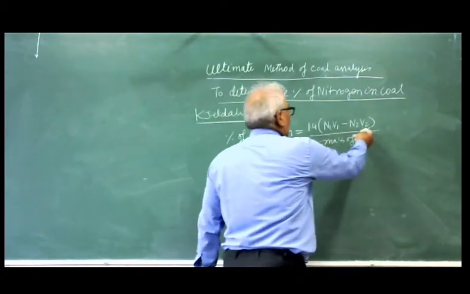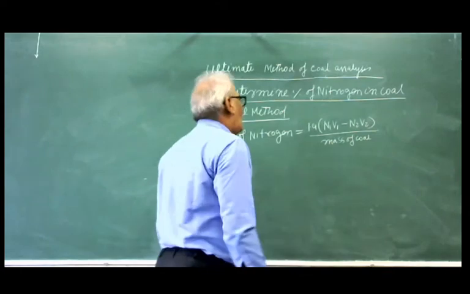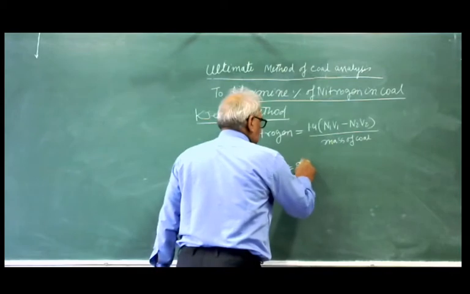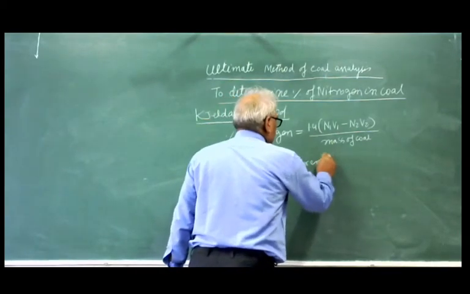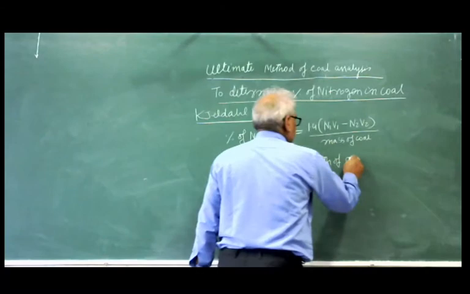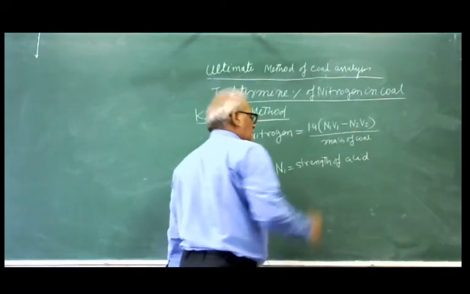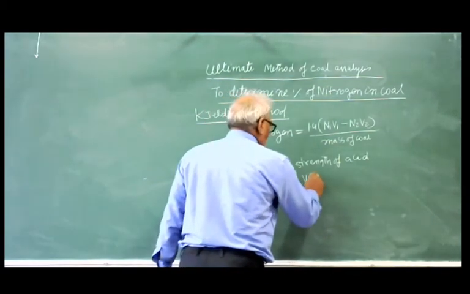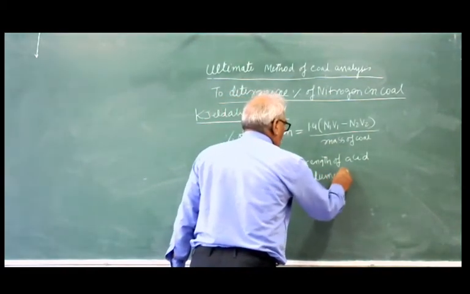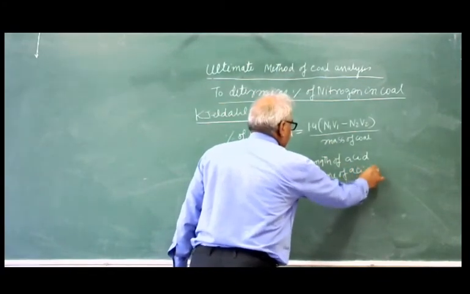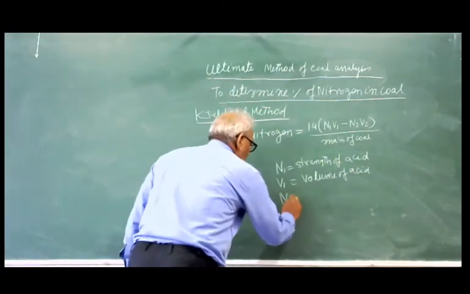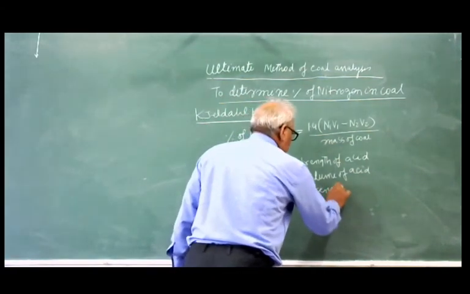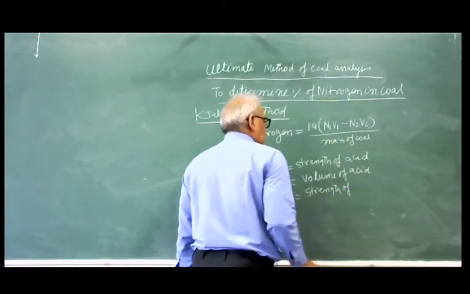Now, what are N1, V1, N2, V2? N1 is the strength of the acid. V1 is the volume of the acid. N2 is the strength of the alkali.